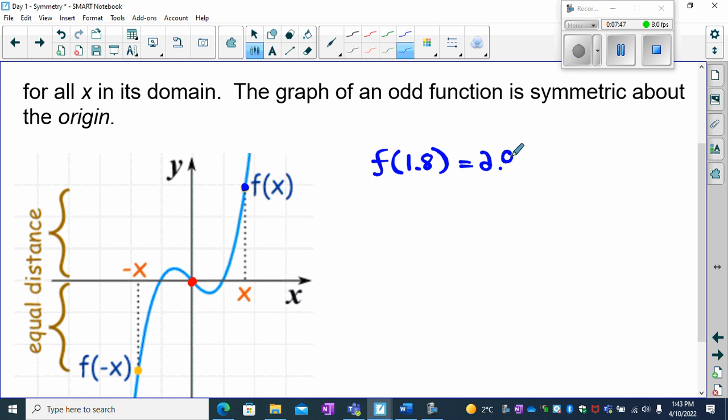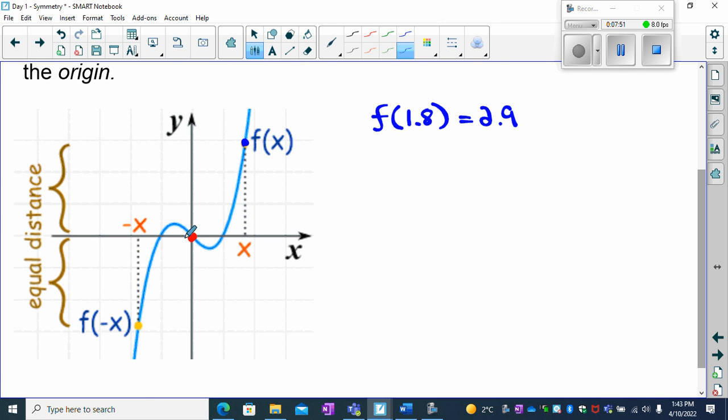We'll say 2.9. Now watch this. If I go 1.8 units to the left, I end up down 2.9 units. So if I change that x value from a positive to a negative, my y value actually becomes a negative, or switches signs.